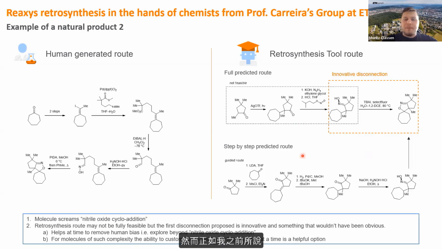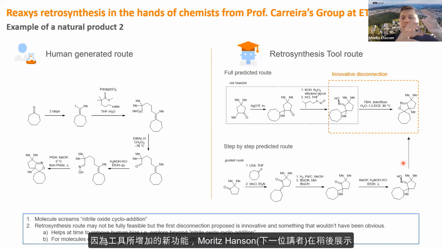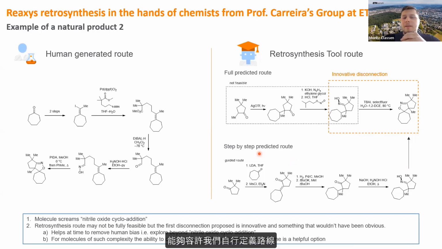However, as I said before, with new features being added, we revisited those kinds of molecules, and this was one of them, because a new feature that also Moritz Hansen most likely will show you later on is the possibility to design custom routes and to sort of guide the program through parts where it struggles a bit, and to take it by its hand to a degree.